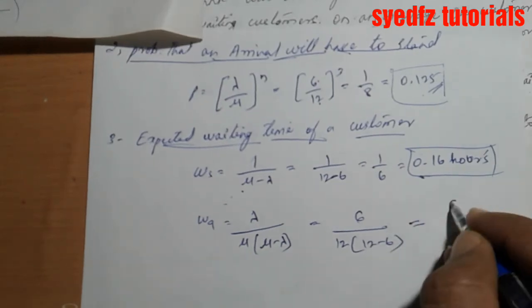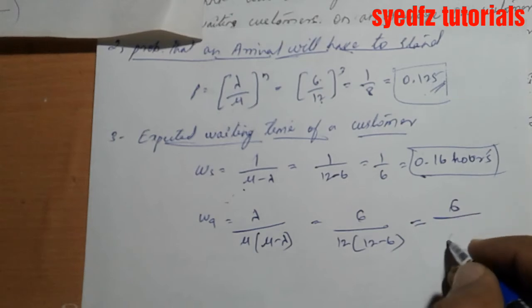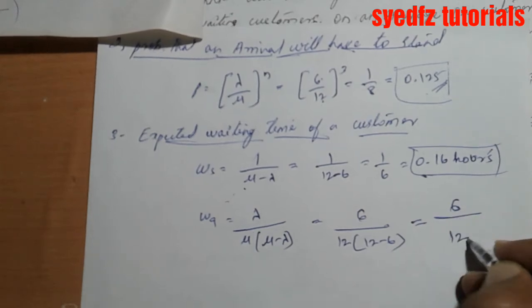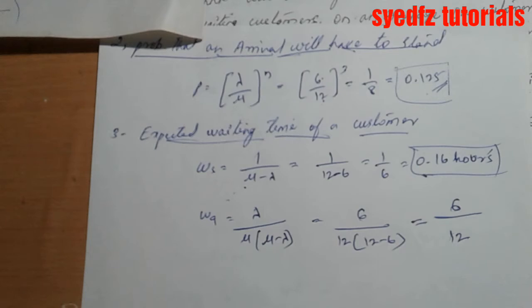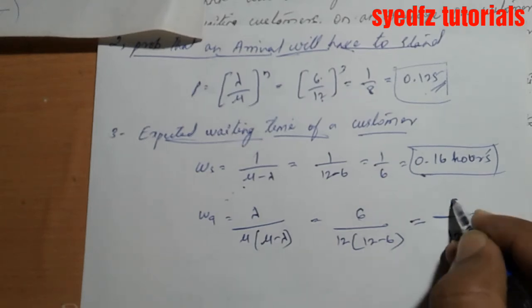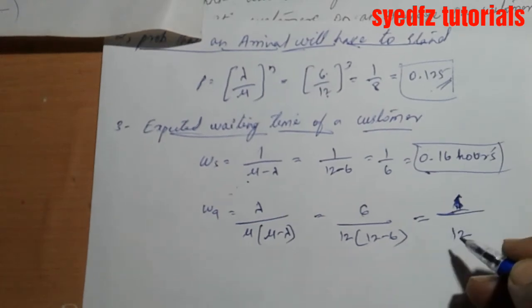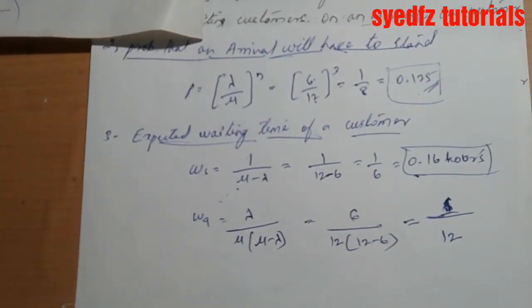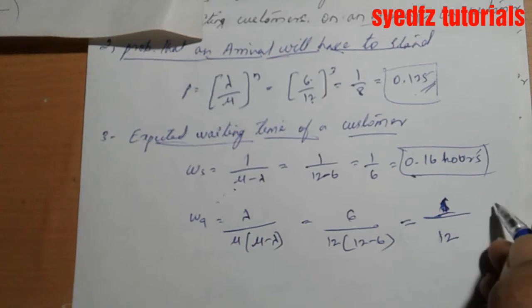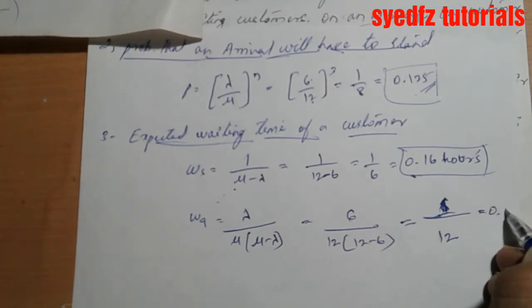What will you get? 6 divided by 12... sorry, 1 divided by 12. Then we get the answer: 0.08 hours.